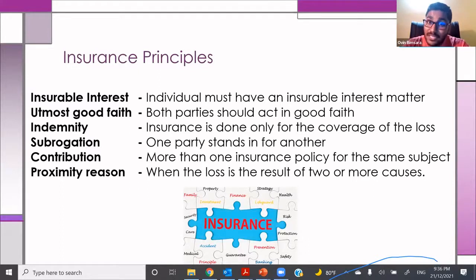So after the investigation, they find that the main reason behind the accident is the iceberg, not the fire. Let's say the ship has been shrunk, but the fire has also gutted it later on. So we can understand from the investigation, the main reason behind the shrinkage is the iceberg accident, not the fire.